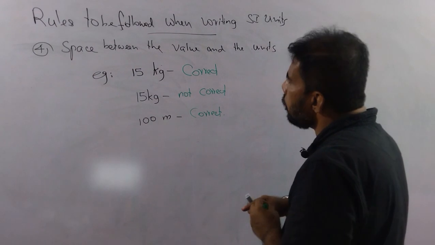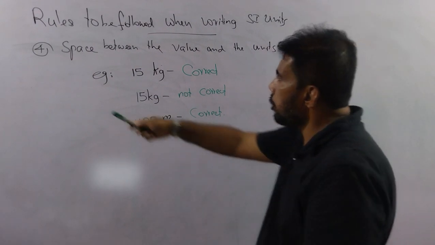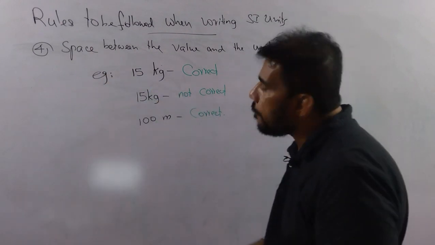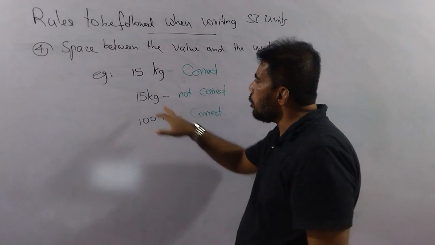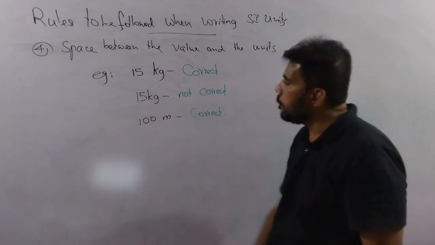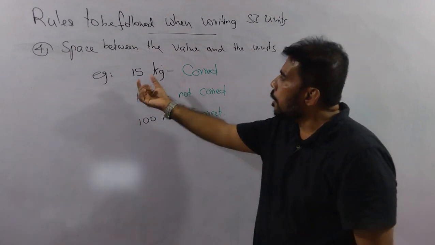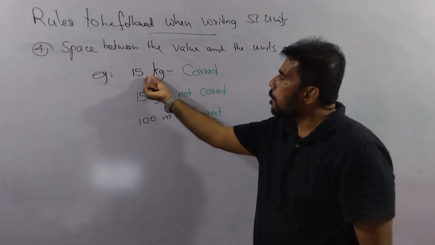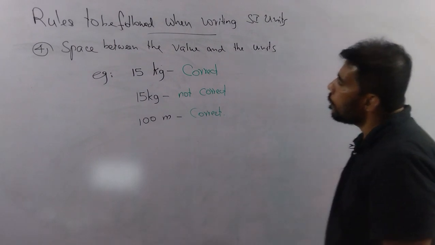Okay, but here I'll discuss the next slide, next condition. When we are having multiple units, what should be followed? Here we are having one single unit for this quantity. So the representation is quantity and unit, but with a space in between.